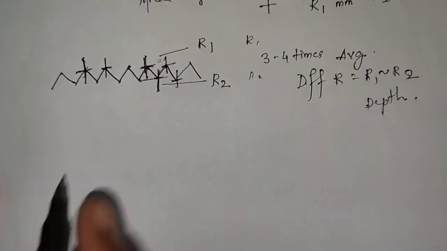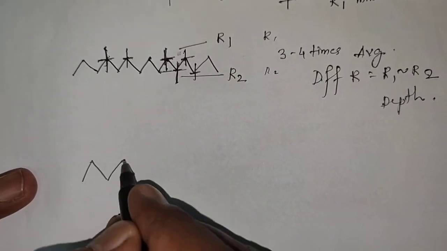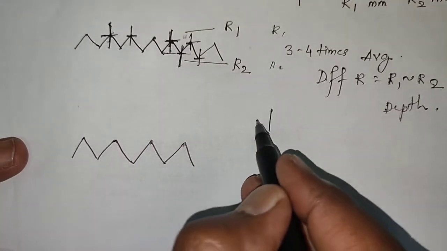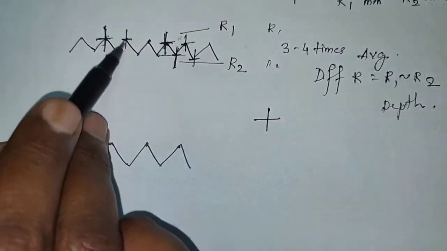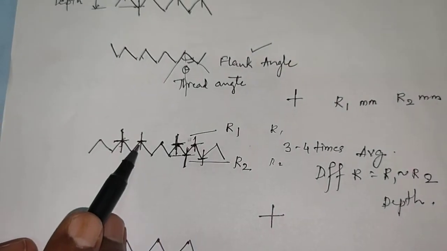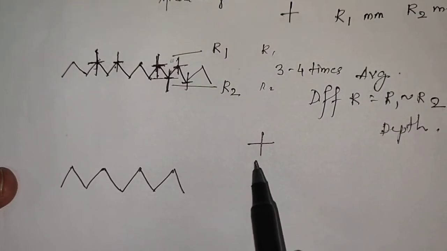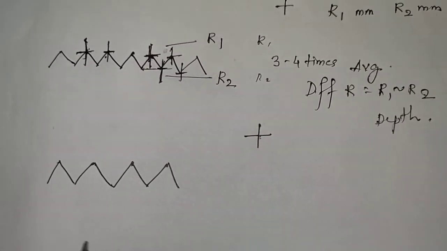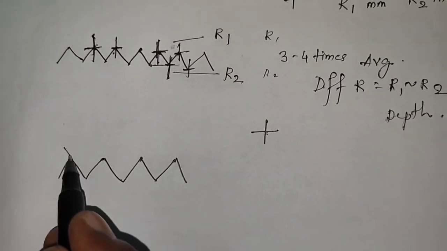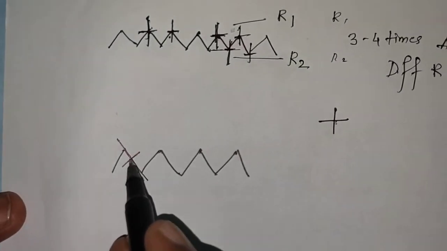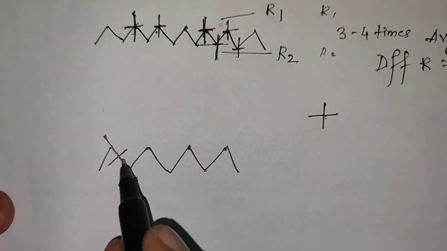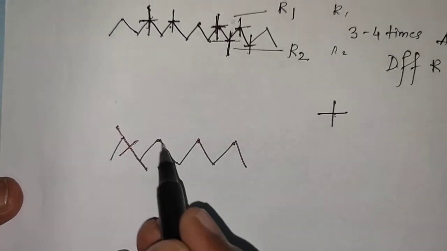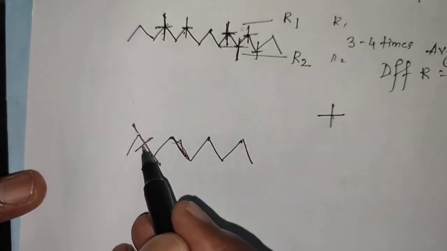In the same way, for measurement of angle, the pointer is somewhat like this for both these, that is for pitch and depth measurement. So when we want to calculate or find out the flank angle, then this has to be tilted so that the pointer will be exactly on this point like this. The pointer will be exactly on the flank. This is called as a flank, right?